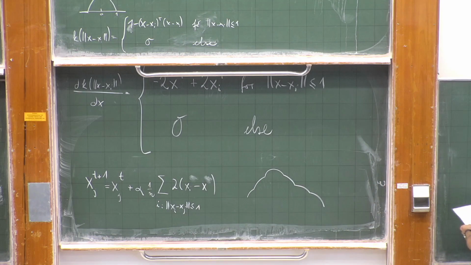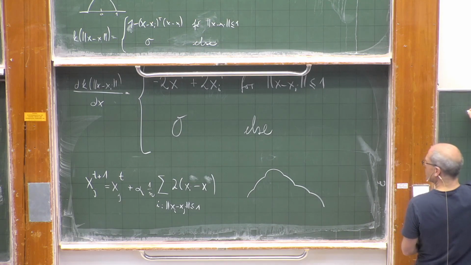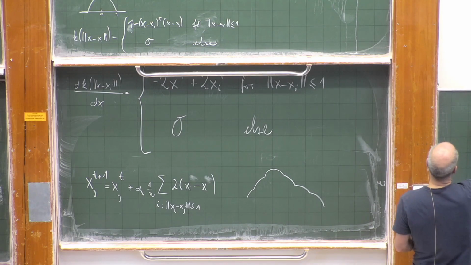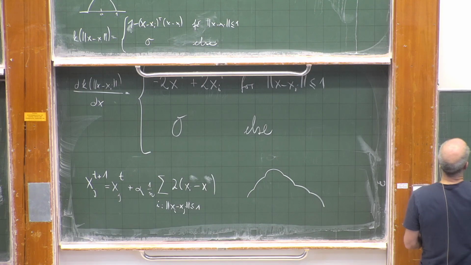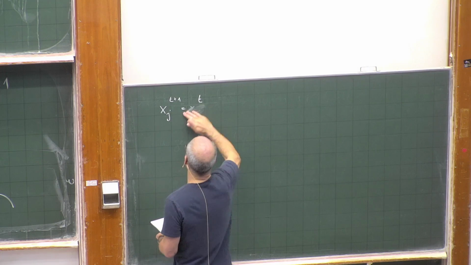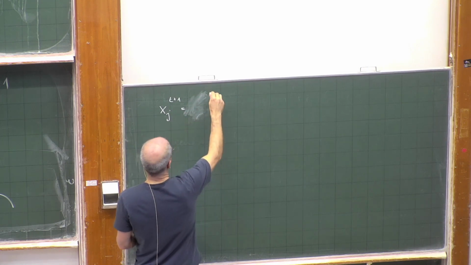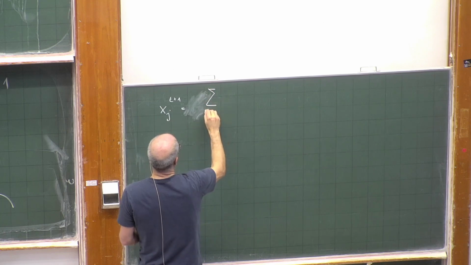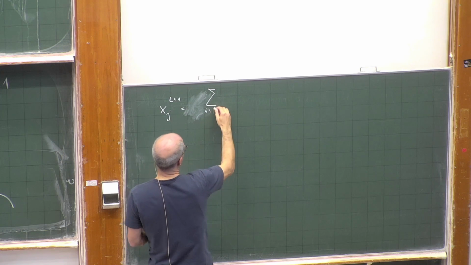So in other words, the mean shift move that one can use in practice looks as follows: xj t plus 1 equals, and now we just move to the center of mass. So we sum over all points i which are close enough.